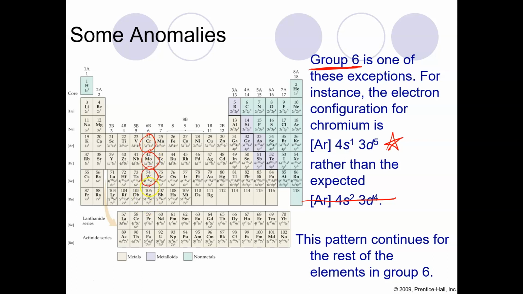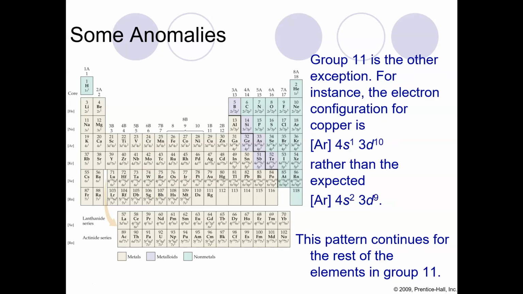I don't really care about him, but okay. So those are the ones that are weird. It's group 6. Okay. The other one is group 11, which is copper, silver, gold, and I seriously don't care about this guy. So what they do is one electron goes from the S to the D.